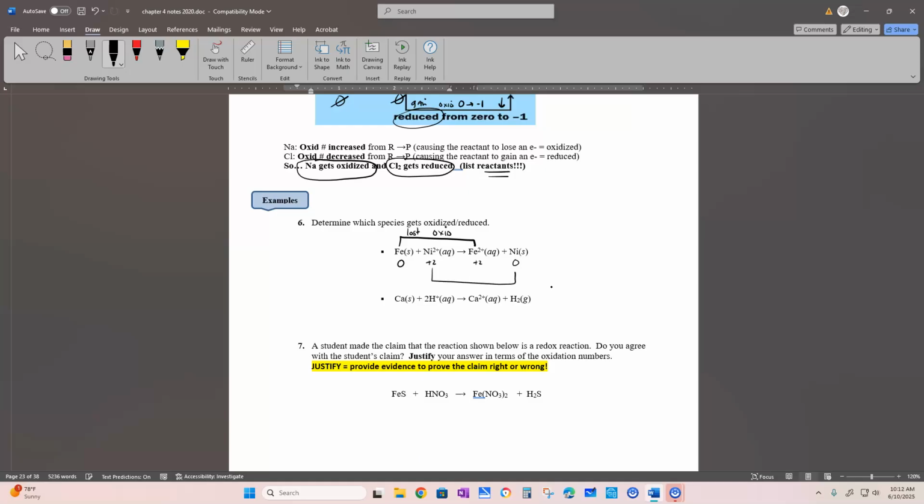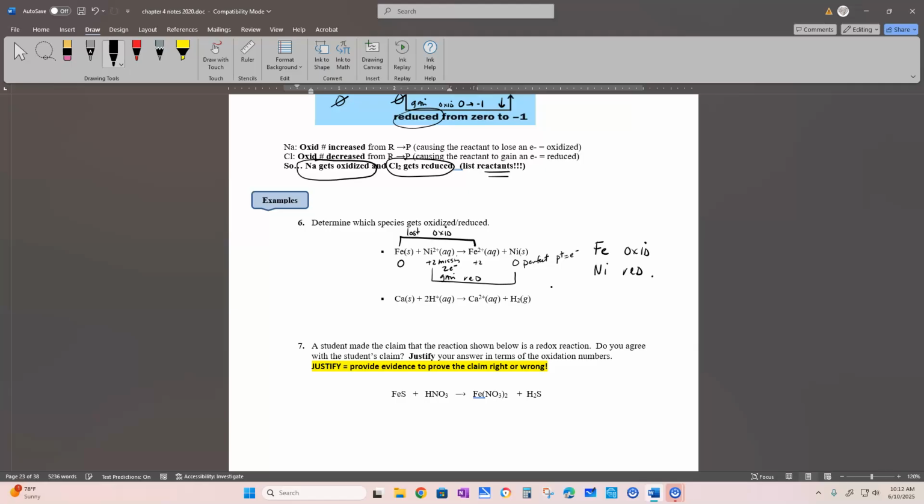Nickel was already missing 2 electrons from the beginning, and then he became perfect. What I mean by perfect is that the protons and electrons equal each other again. So he was missing 2, and he gained the 2 he was missing, so he gained. That means he was reduced. So iron was oxidized, and nickel was reduced.